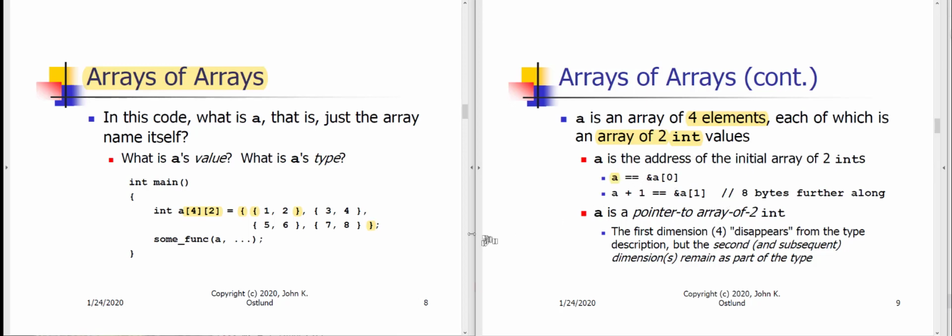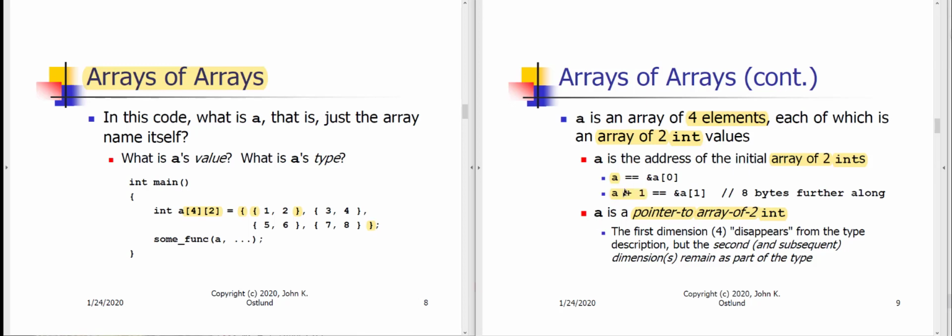The name A, the name of any array, is the same as the address of the initial element of the array. But the elements of A here are actually arrays of 2 ints. So technically the data type of A here is pointer to array of 2 ints.